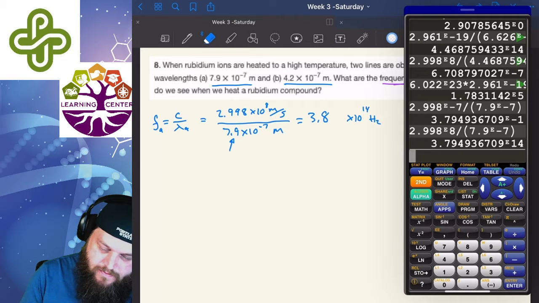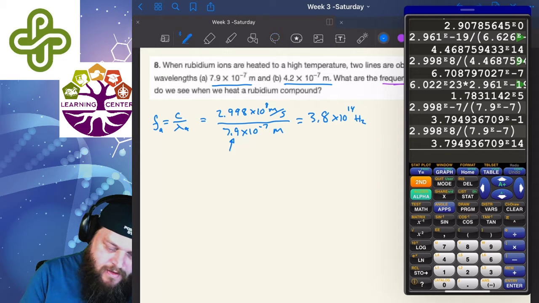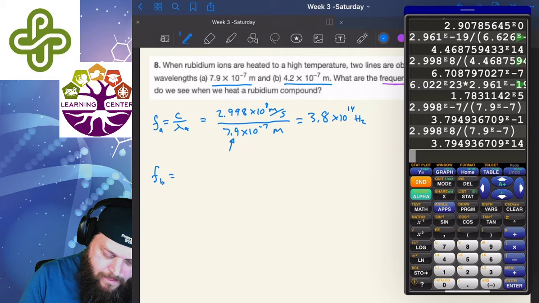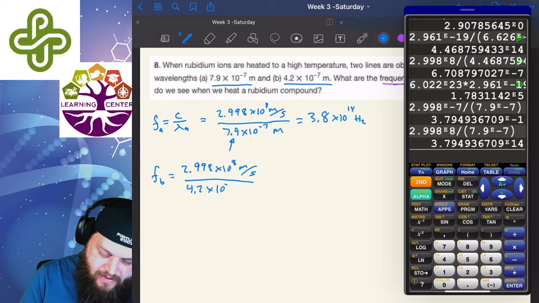So that was for part A. For B, it's going to be equal to 2.998 times 10 to the 8 meters per second, and we're going to divide now by the 4.2 times 10 to the -7 meters.